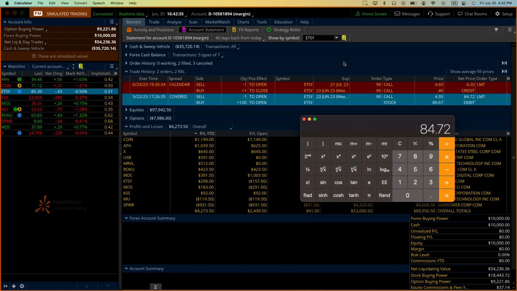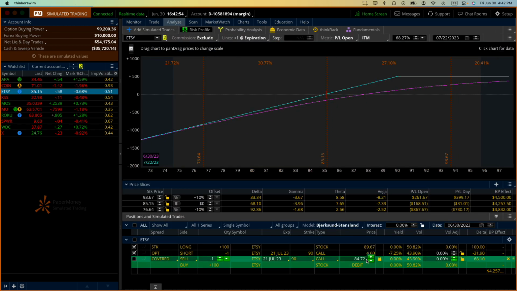Okay, so we roll it over, meaning we bought the June call and we sold the July 21 call. You can see that clearly. So we subtract 420, so that our new price is $80.52, and we can put it here.